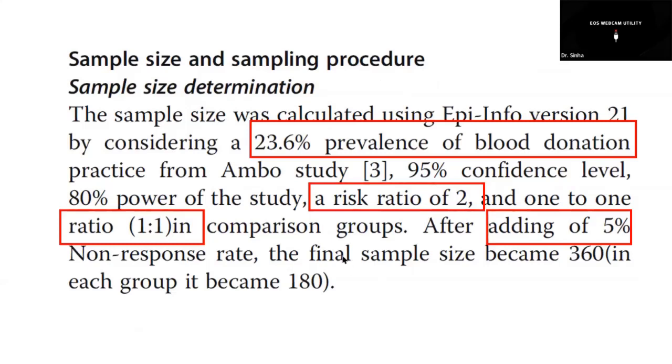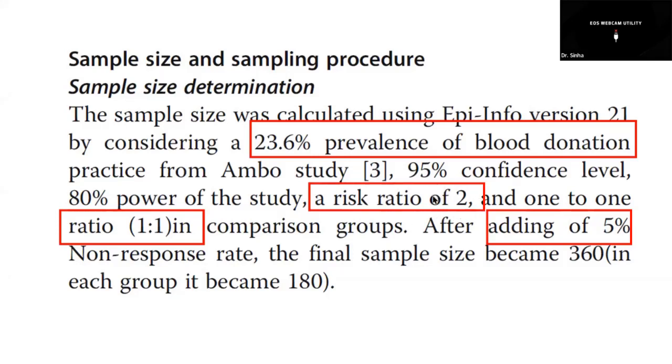The author has written that the sample size was calculated using EpiInfo version 21, by considering a 23.6% prevalence of blood donation, 95% confidence level, 80% power, and a risk ratio. He has written a risk ratio.